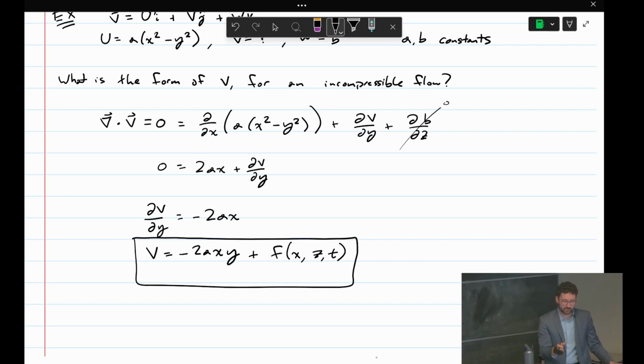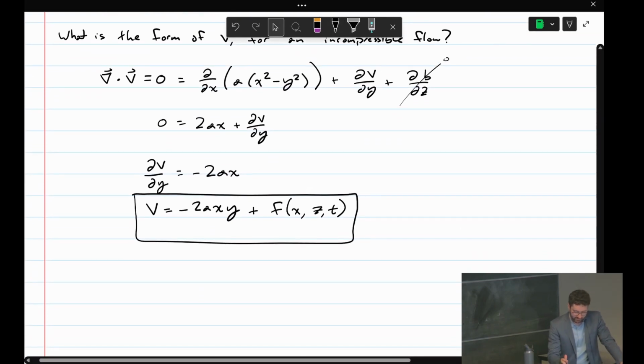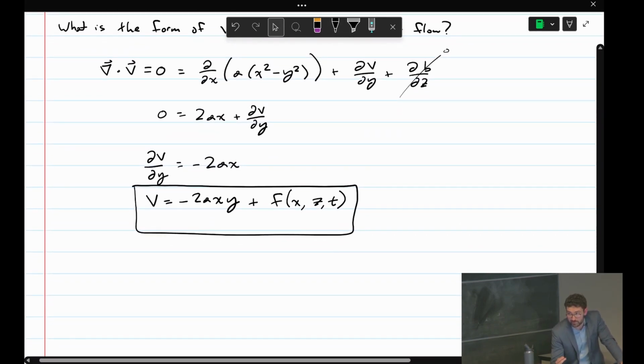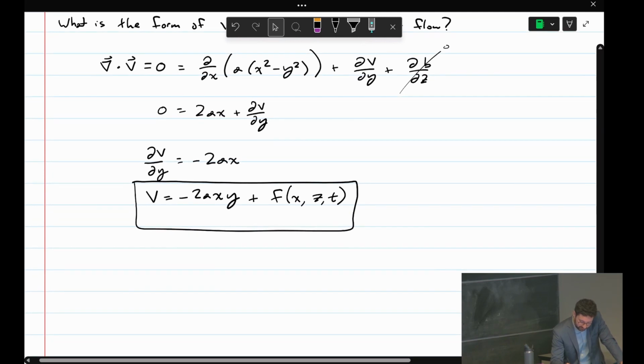Okay? So all we know by the continuity equation is just the partial derivative of whatever v is with respect to y looks like that. But since the partial derivative of this function with respect to y would be 0, we're not actually able to solve it. So from the point of view of continuity, f is arbitrary.